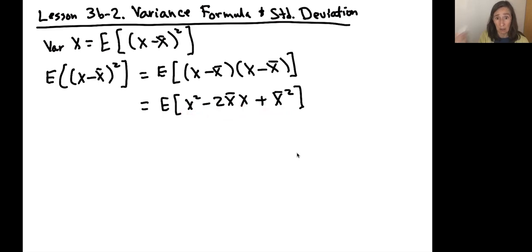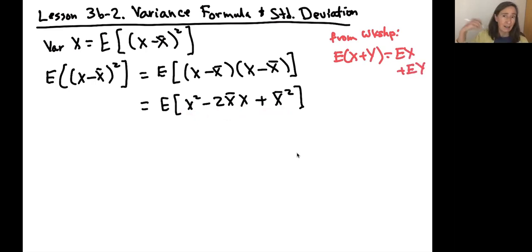And we showed in the workshop from the last lesson that the expectation of x plus y, two random variables, is the expectation of x plus the expectation of y. So another kind of exception to the general rule, another case where we can just distribute the expectation operator when it's a sum. So we're allowed to do that here, and we're going to.